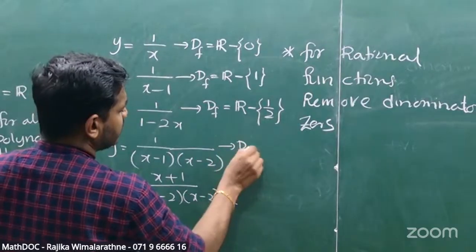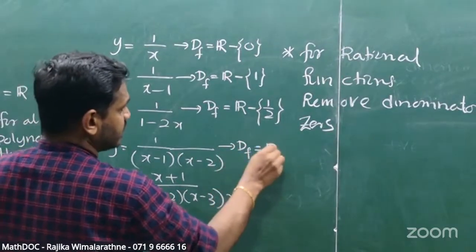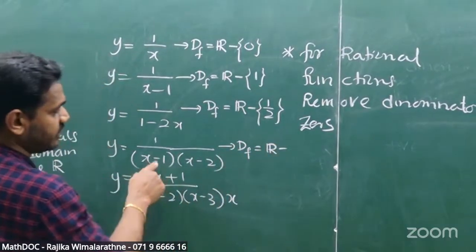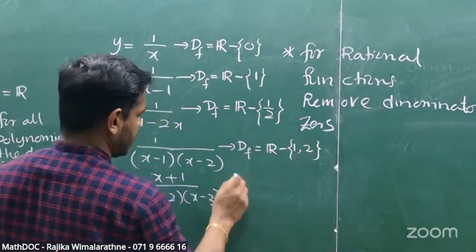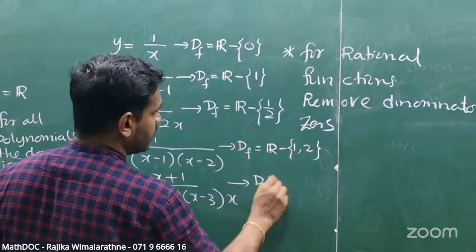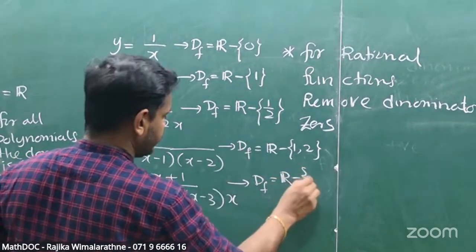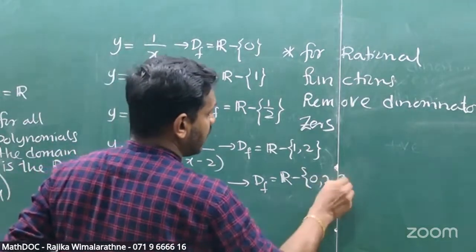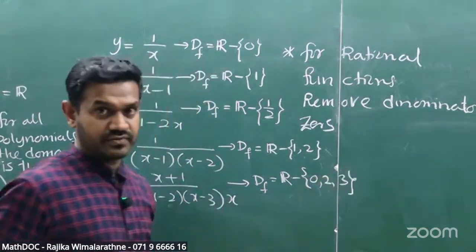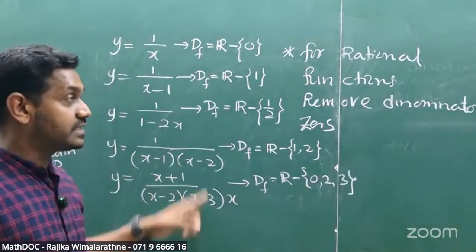Here, we have 1 and 2. Then here, you remove 2 and 3. That is our domain now. Okay, just write the examples.